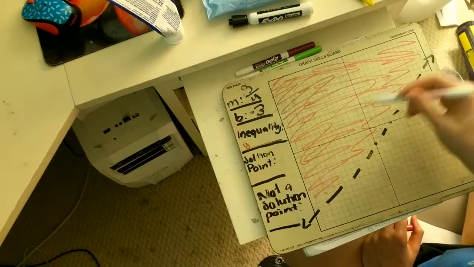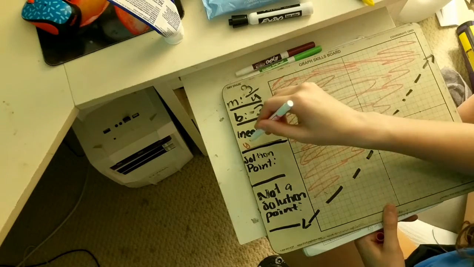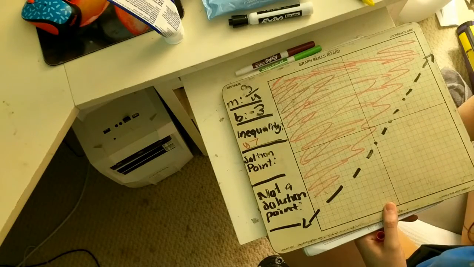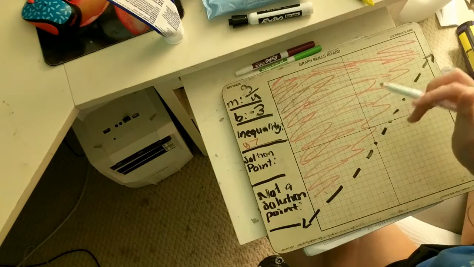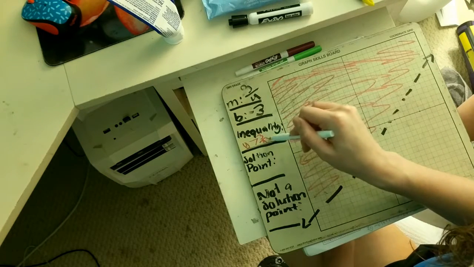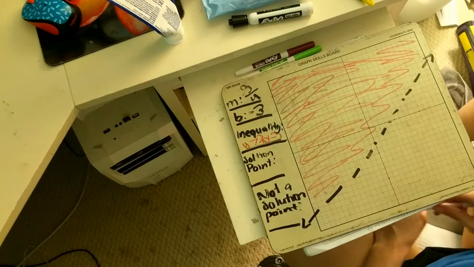So we can take from this that it is y is greater than, with no dash underneath the inequality sign, 3/4 x minus 3.